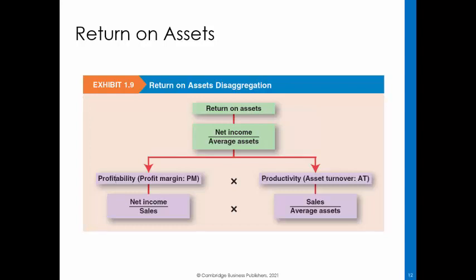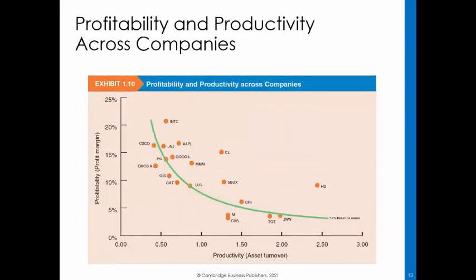Management wants to earn as much profit as possible from sales and maximize asset productivity to achieve the highest sales volume for a given level of assets. There are an infinite number of combinations of profit margin and asset turnover that yield the same return on assets.